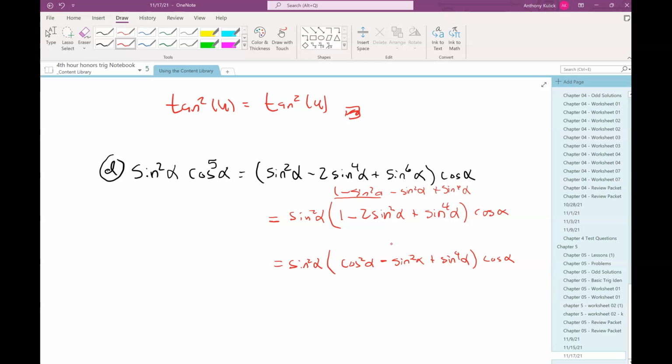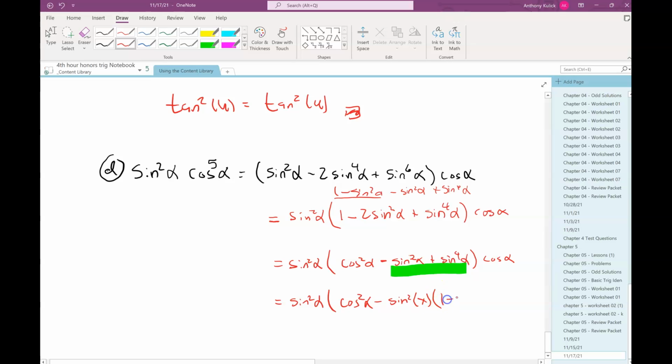Choosing this route is tough. If you look at just these two pieces, you see a greatest common factor there? Sine squared, right, is the greatest common factor. So I'm actually going to take out a negative sine squared.